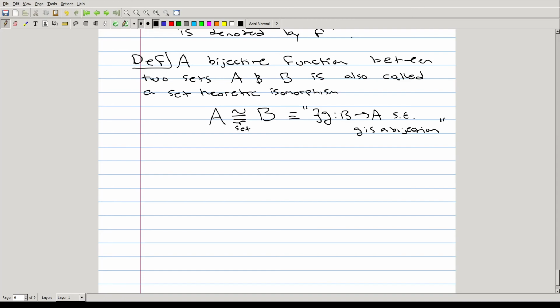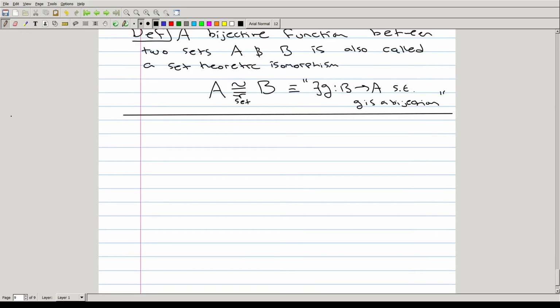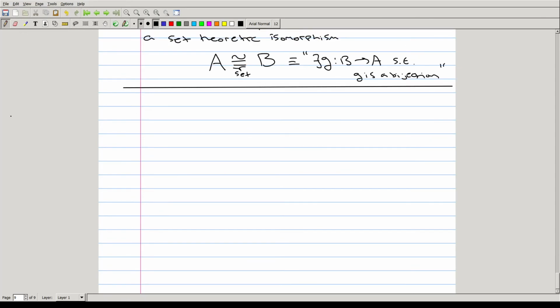Before we do this, I want to write down a couple more very important definitions that are going to be very important as we go forward. This is directly related to these bijective functions. Now we're at a time where we can actually define cardinality.